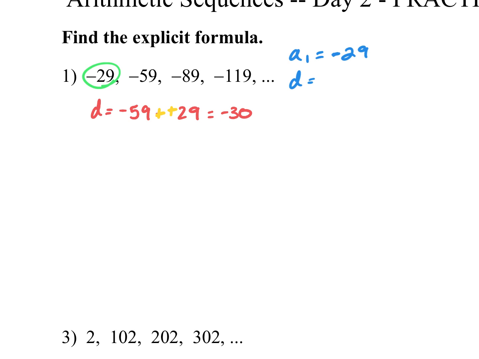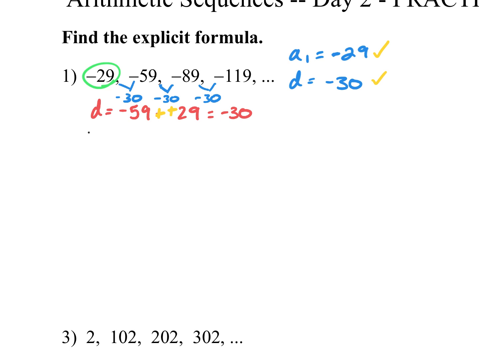Negative 30. Now, can you just assume because you did it for the first one that that's going to hold for every term? No. What you really need to do is make sure that pattern holds. Well, hey, how do I go from negative 59 to negative 89? You subtract 30. Negative 89 to negative 119. You subtract 30. Hey, that pattern does hold. So now I've got what I need. I've got my A1 and I've got my D value.